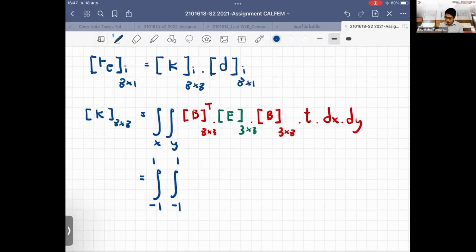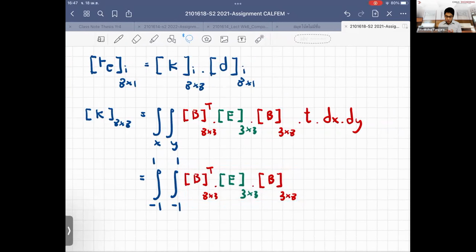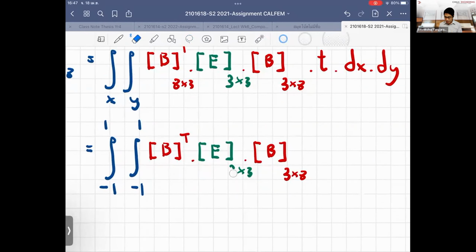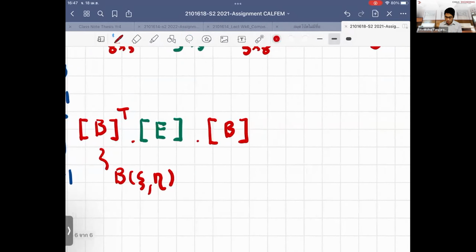All the matrices that we have here have the same description, but they are written in terms of the coordinates eta and xi. So what I'm trying to say is that both of them have to be written as functions of eta and xi, because we want to transform to a different coordinate system.